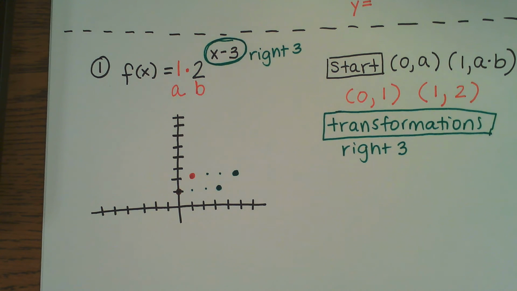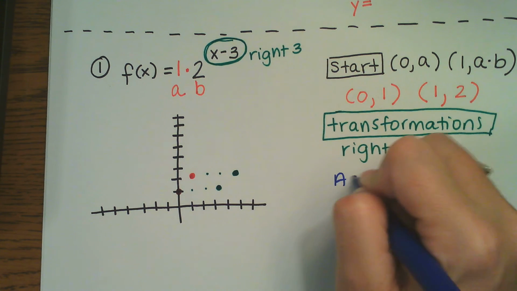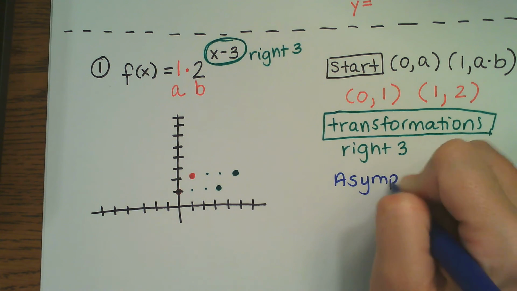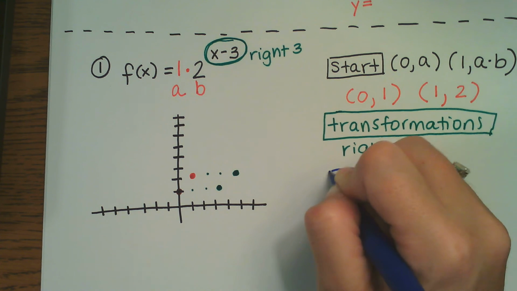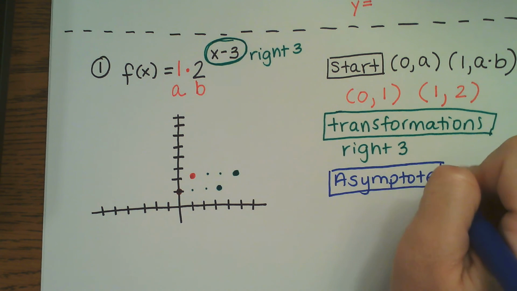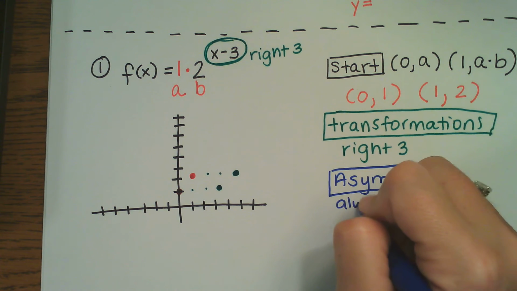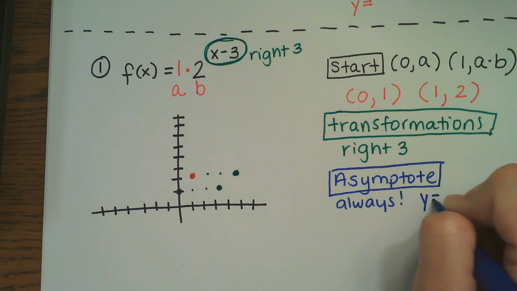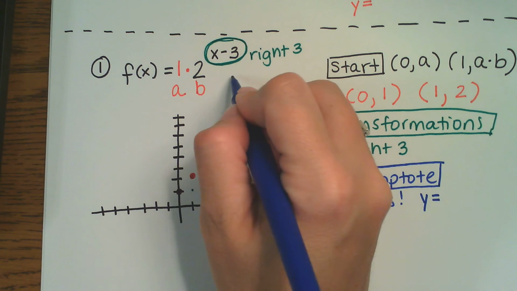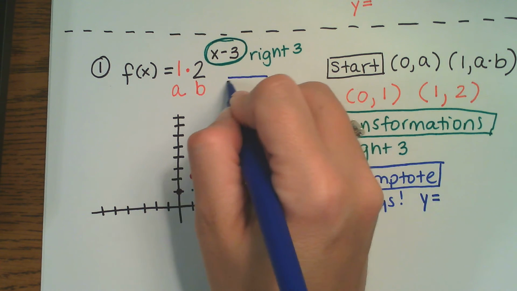Now the next thing I need is my asymptote. And there is always an asymptote. And it'll be y equals the number added or subtracted on the back end here.